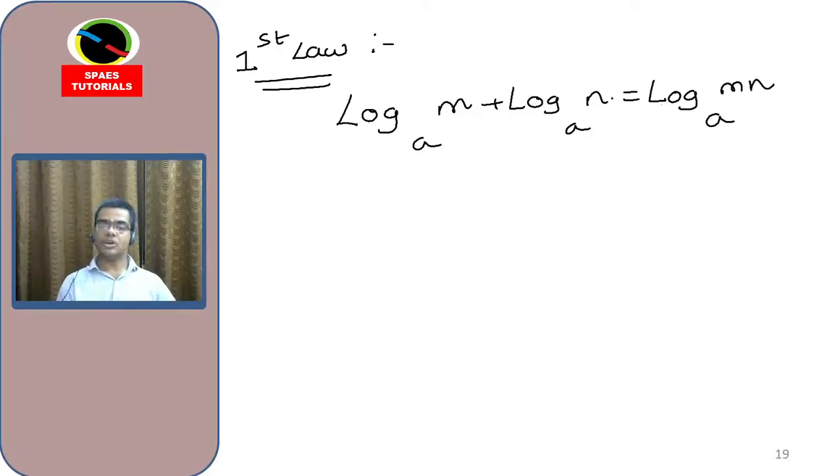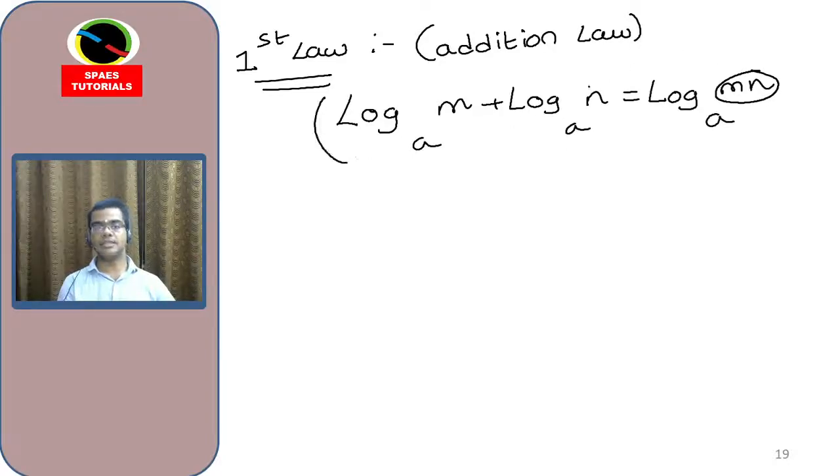This law, generally I call it the addition law, because when we add the two log terms we get a product in the result. Now let us see the proof for that. It's simple to remember this.